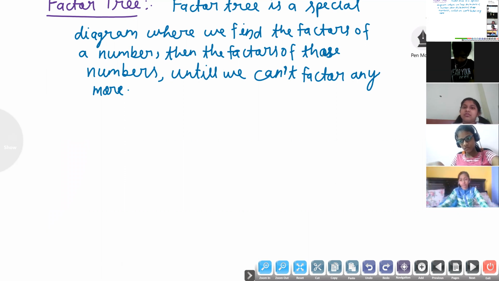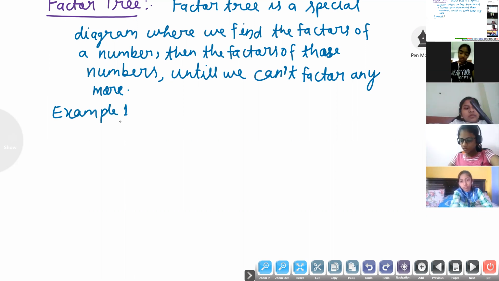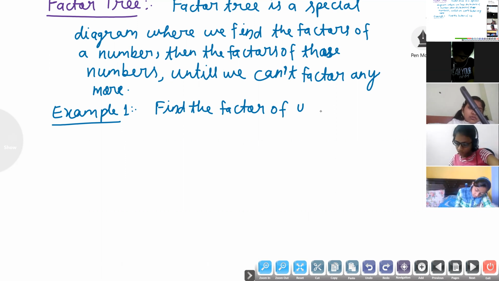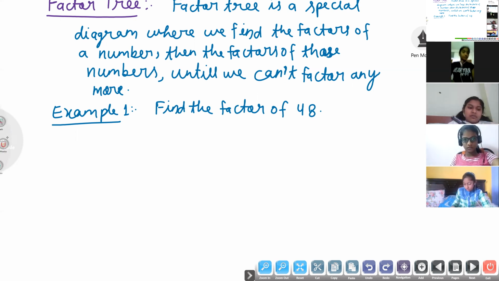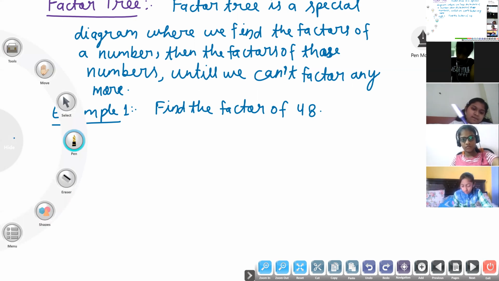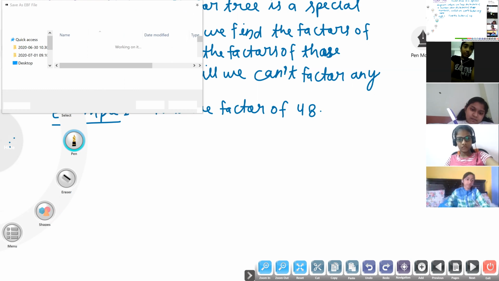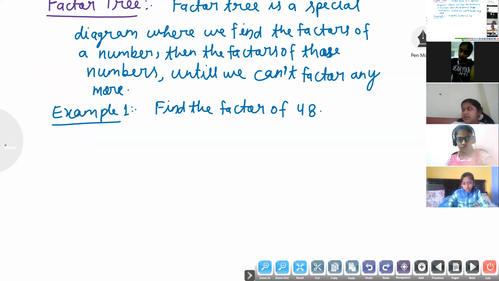Example first, find the factors of 48. Concentrate everyone here.